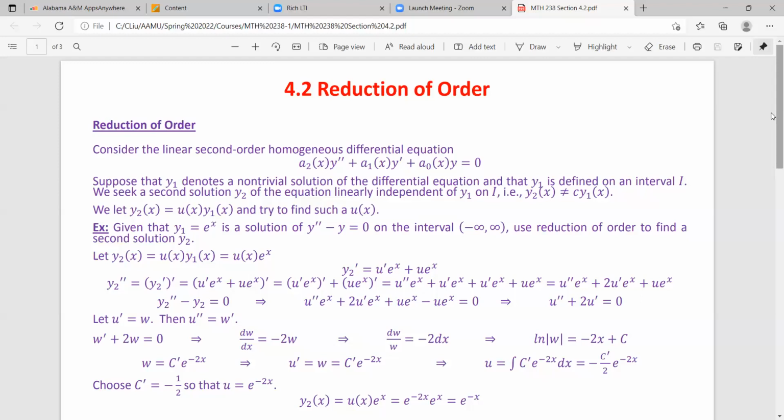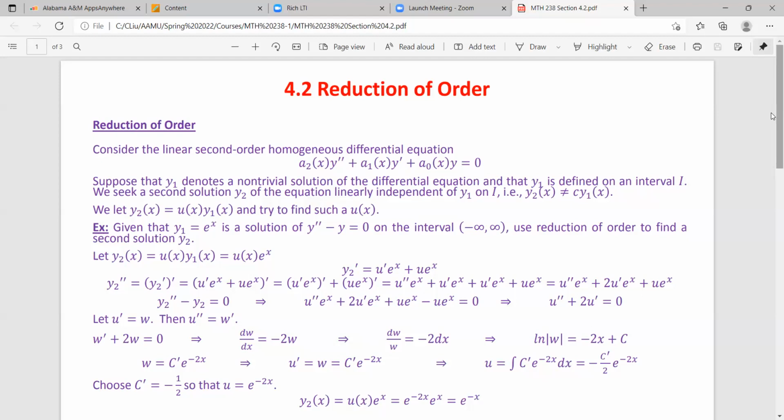So then we can actually change the equation to another one for u instead of y. Okay, and the reduction of order means that in this way the equation for u will be first order instead of second order if you do this substitution.